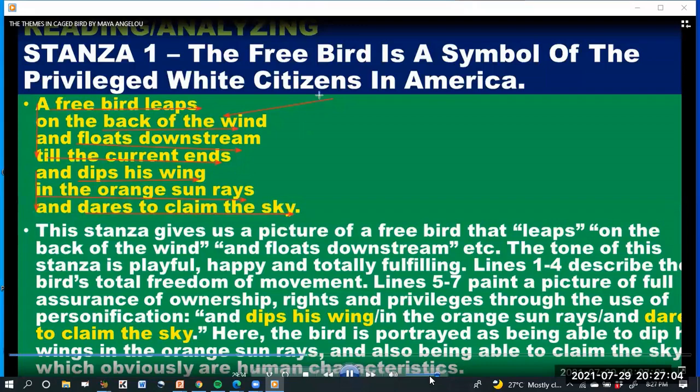But then we have an opposite picture. When we get to stanza 2, we see a clear departure from and a total opposite to the freedom, the joy, the abundance that we find here. So we are looking at this as part of the ironies of life.